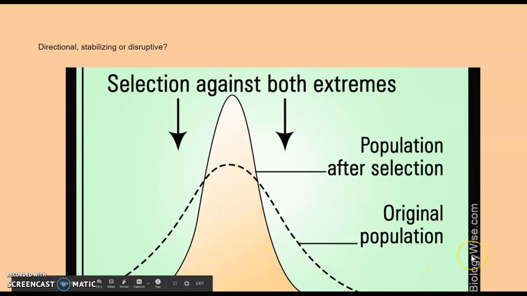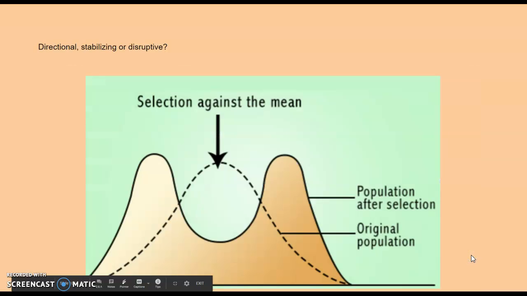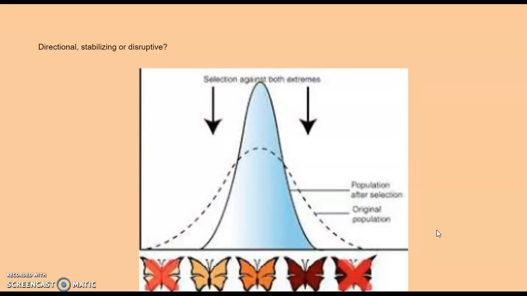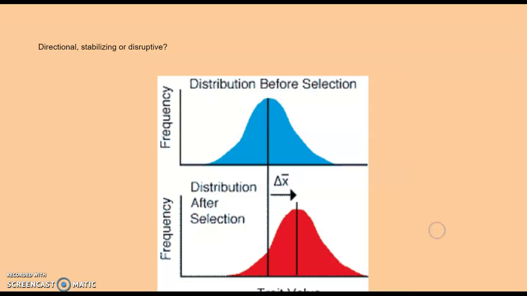This is going to be stabilizing. This is another disruptive one. Here I see the population just move in one general direction. So this is directional. This is going to be stabilizing, directional for this one, and that's it.